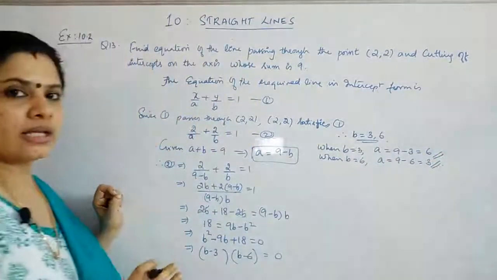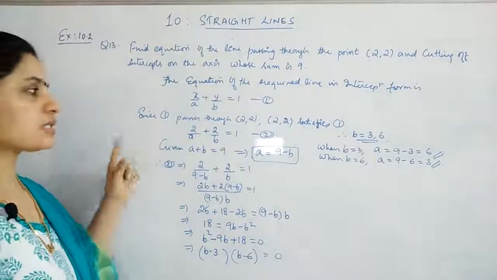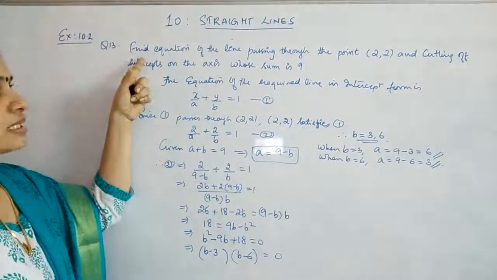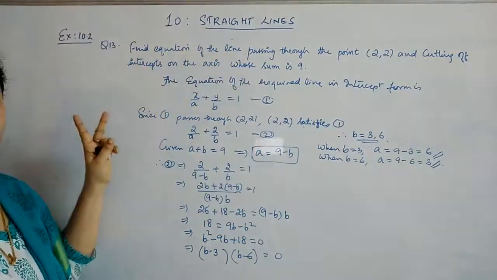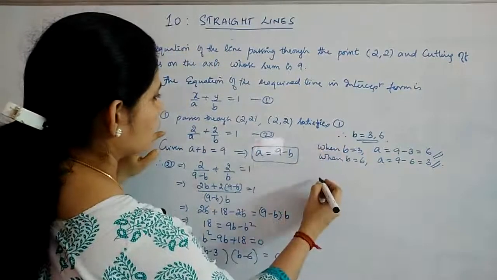That means accordingly you will get two equations for the line which satisfy this condition. What will be the equations?